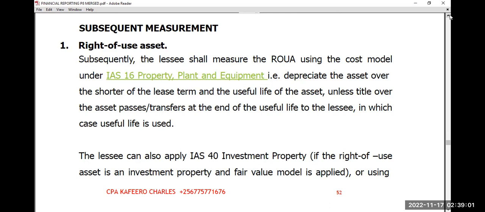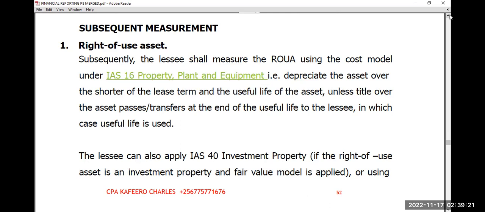If the person is not going to acquire the asset at the end of the lease term, we compare the lease term and the useful life of the asset, and we take whichever is shorter of the two.